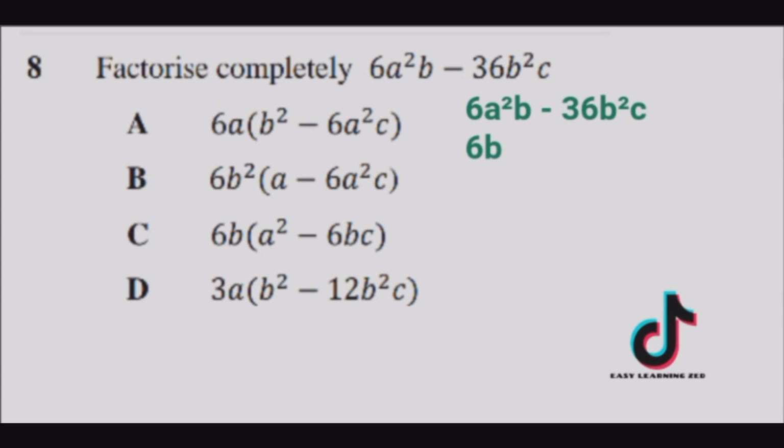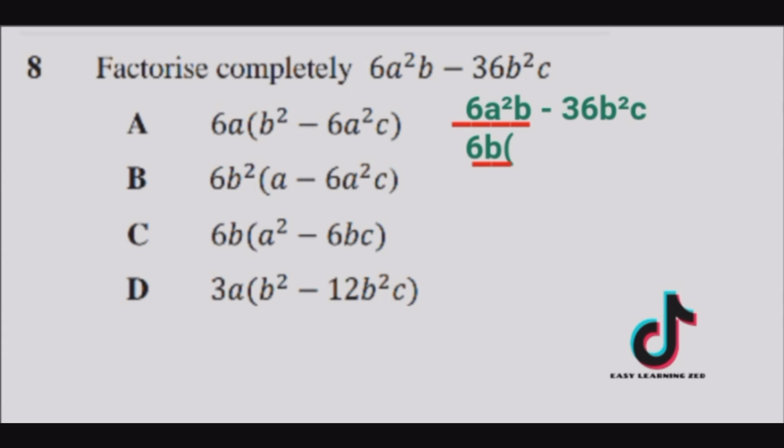Once I've done that, I'm going to open brackets. Then I'm going to divide 6a squared b by 6b. I'm talking about this one and this one. So 6a squared b divided by 6b.